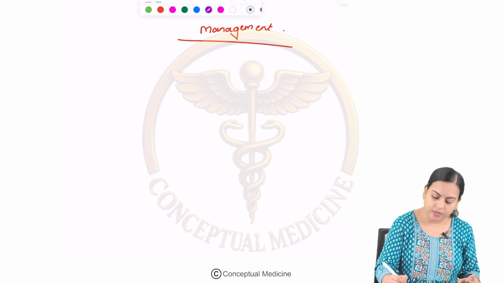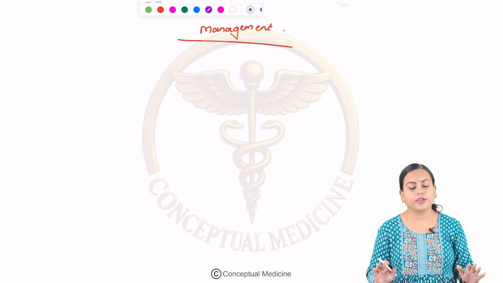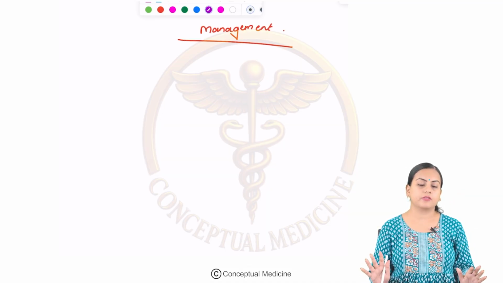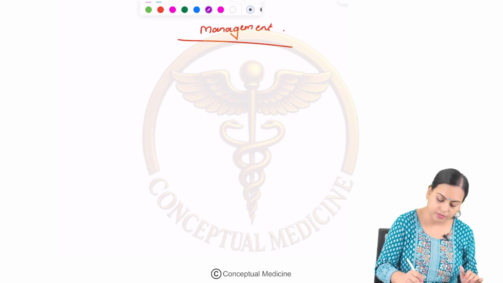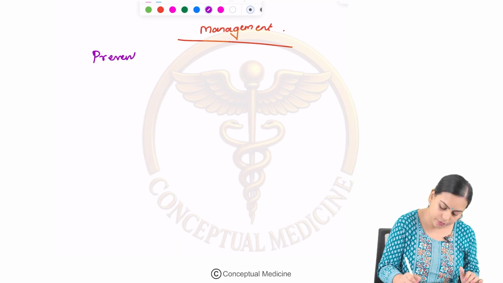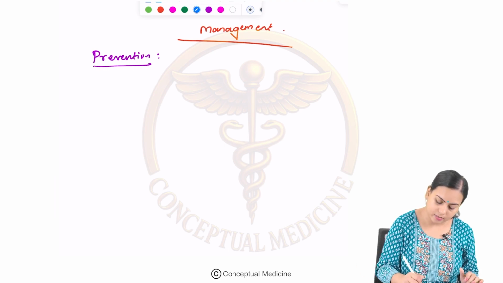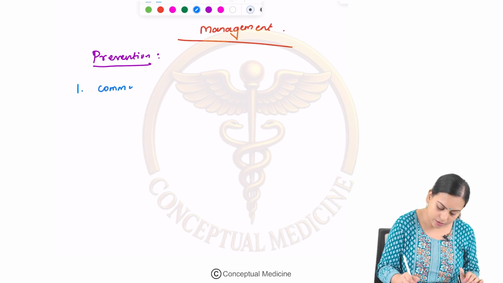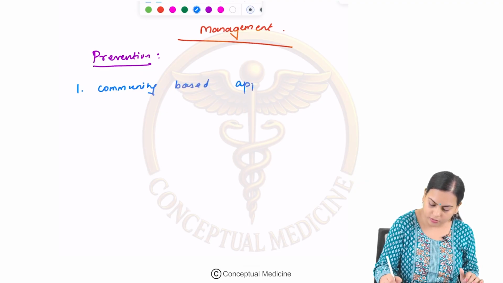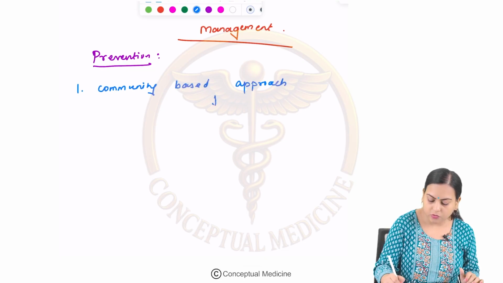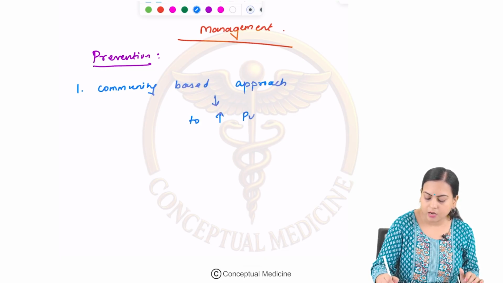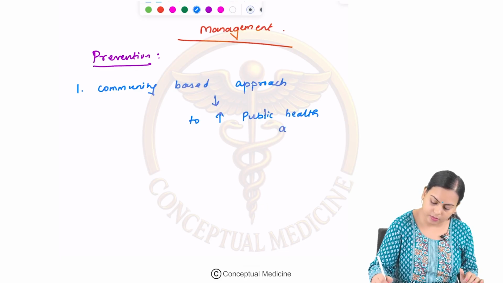Right. Now, let us see the treatment or management of pelvic inflammatory disease. Okay, first step is we have to prevent pelvic inflammatory disease from happening. So that must be our primary goal. So, prevention can be done by a community based approach to increase public health awareness.